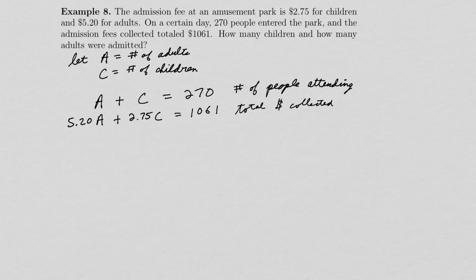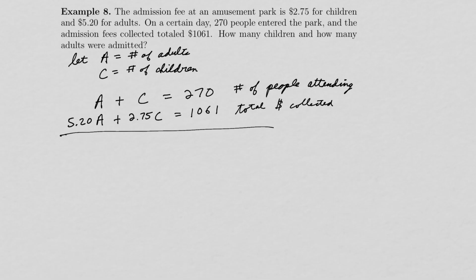We can use substitution, we can use elimination. Again, if you wanted to, you could make that second equation nicer by multiplying both sides by 100, just so you have all whole numbers. Let's just leave it in terms of decimals, and let's use substitution in this case.